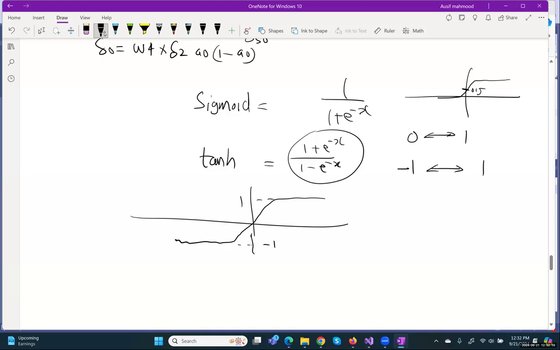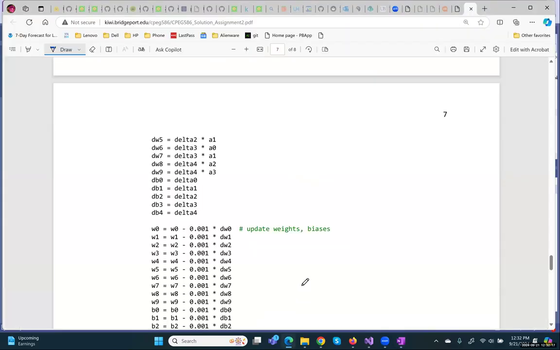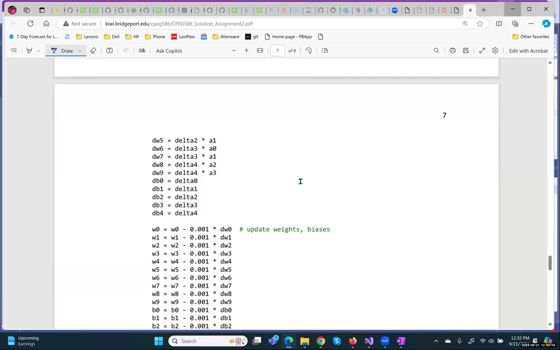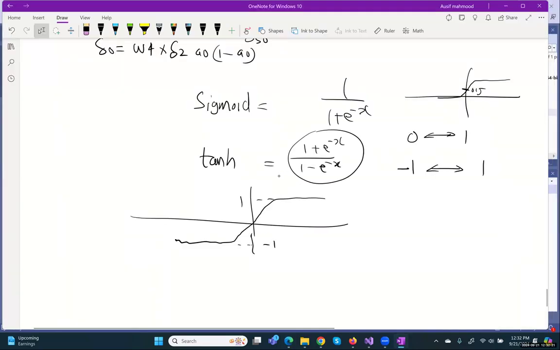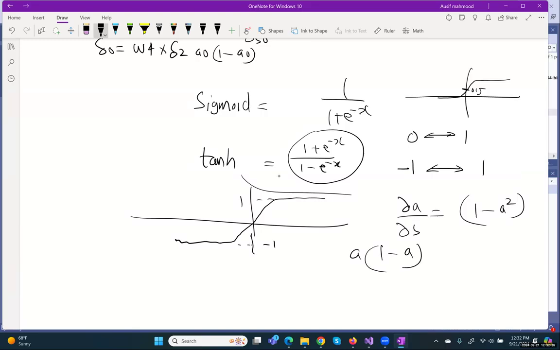Also, from the derivative point of view, if I remember correctly, partial A over partial S for tan hyperbolic comes out to something like 1 minus A squared, instead of A times (1 minus A). Again, that's based on my memory, so Google it and confirm whether I was right or wrong.